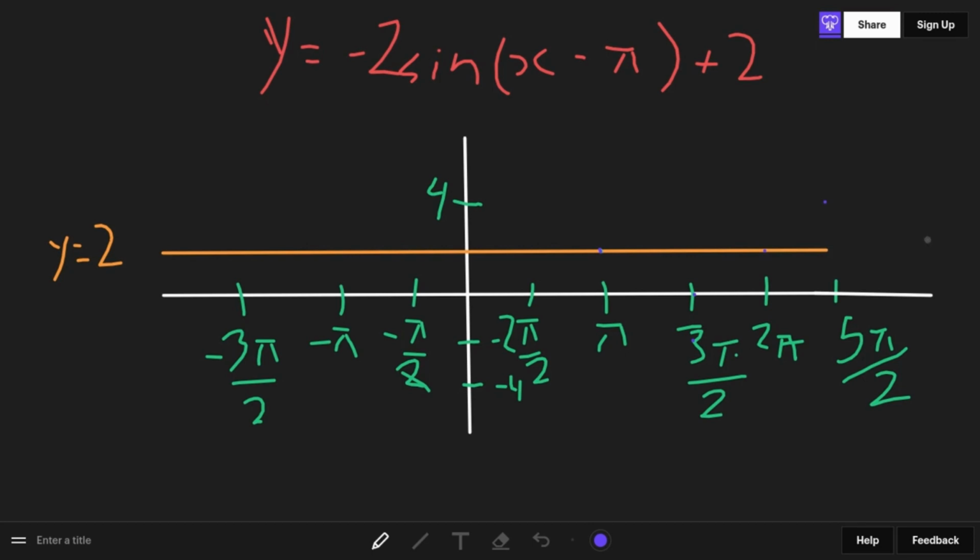And I don't have a marker for 3 pi, so I'll make one, but that'll be where I'm going to be next. And since it's usually recommended to graph 1.5 cycles, I know that I'm going to be coming from up here and going here.